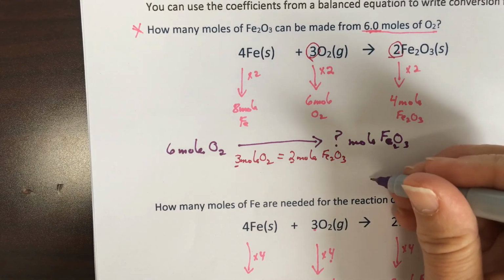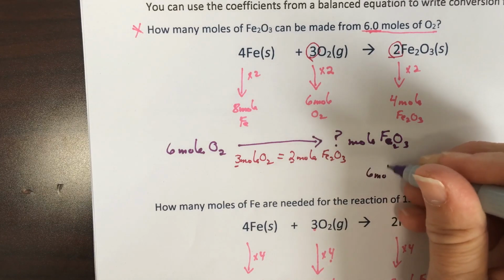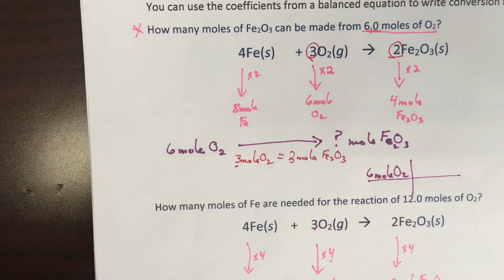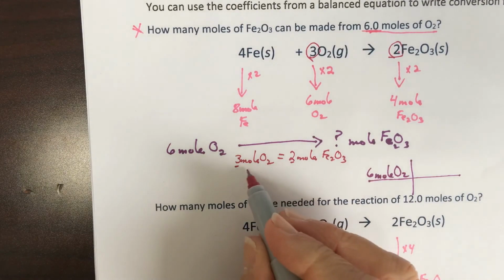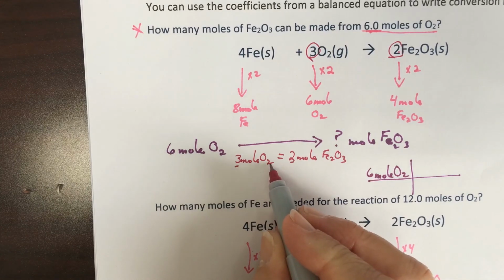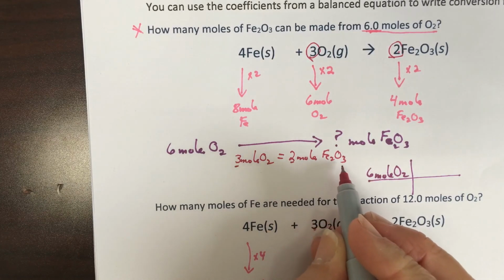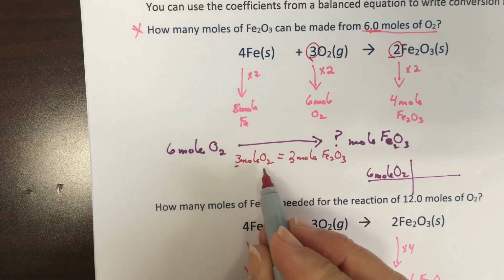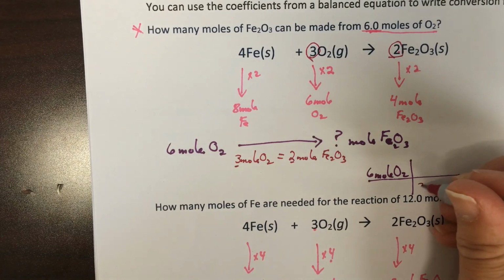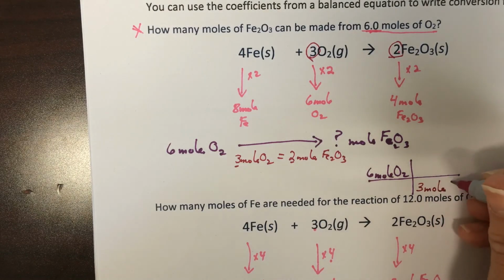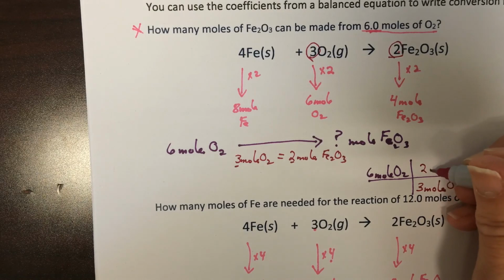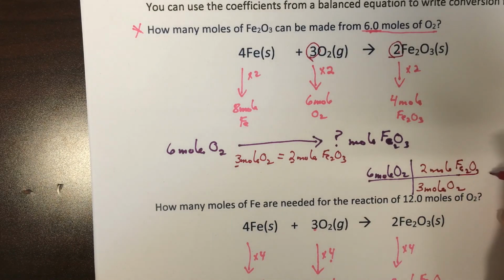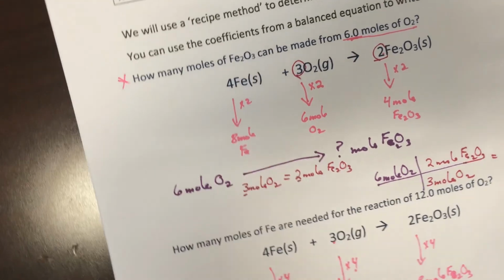I'm going to set it up here. Hopefully I'll have room. 6 moles of oxygen. Then we'll want to write our conversion statement. We've got 3 moles of oxygen is equal to 2 moles of iron oxide. This is what we want to use to write our conversion. We want to put the moles of oxygen in the bottom so that they will cancel, and our 2 moles of iron oxide in the top so that that will be in our final answer.